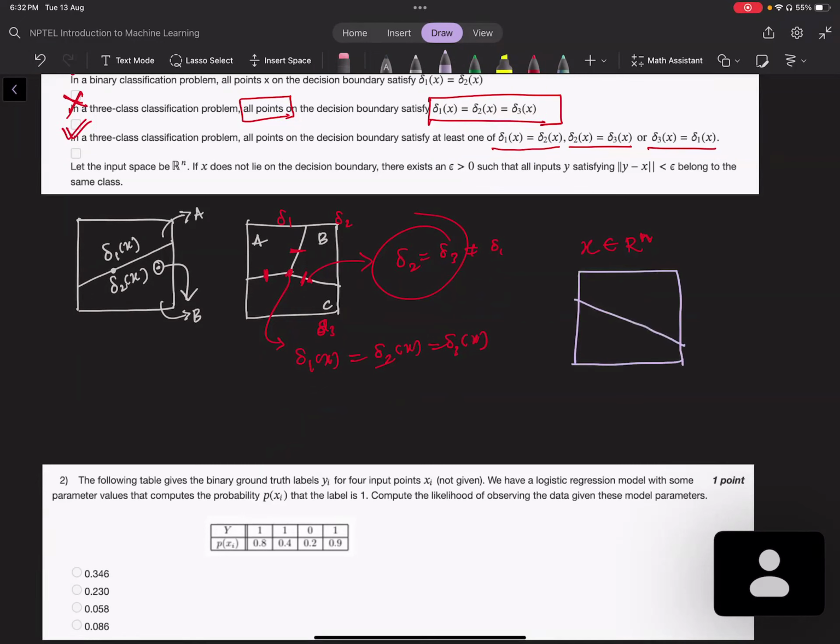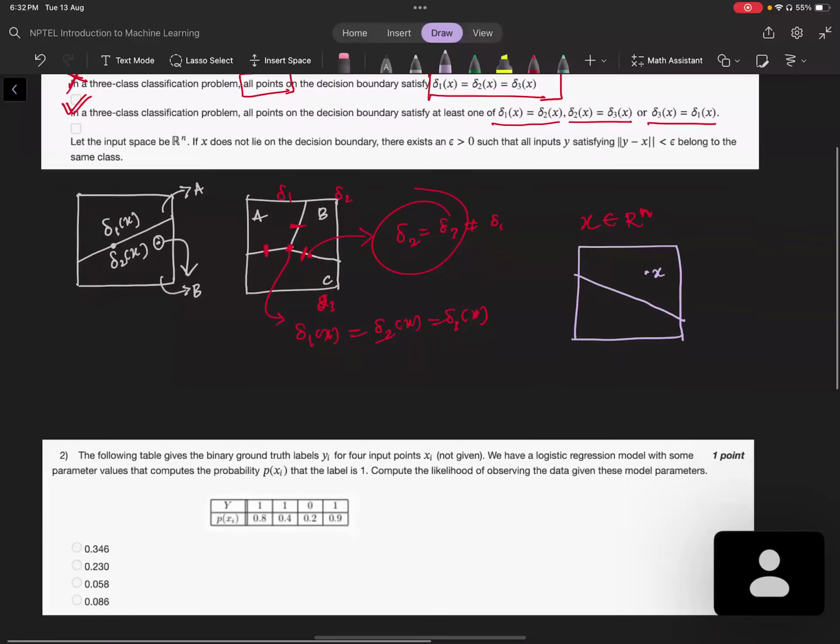This is your x. Let's say x doesn't lie on the decision boundary. There exists an epsilon greater than 0, such that all the inputs y satisfying this belong to the same class.